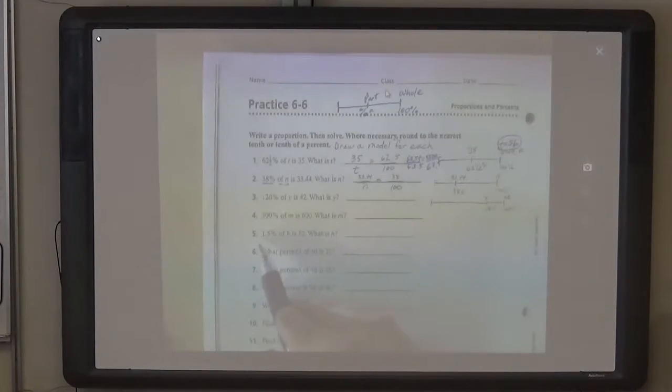Well, Jen, how would you do this one, number 4, without the model?